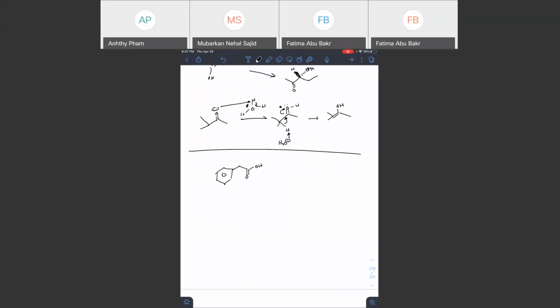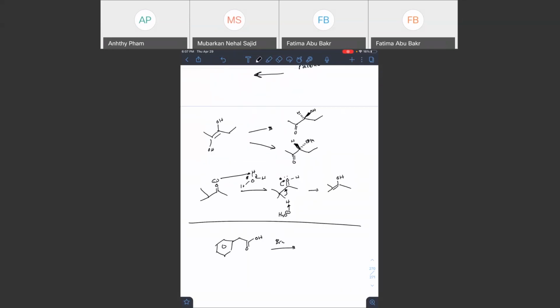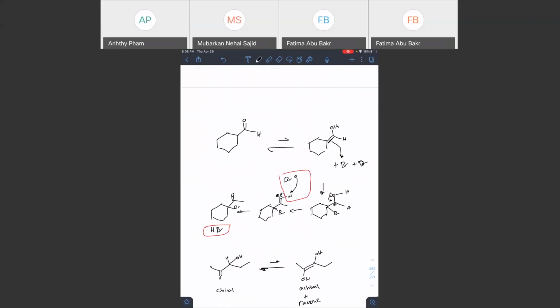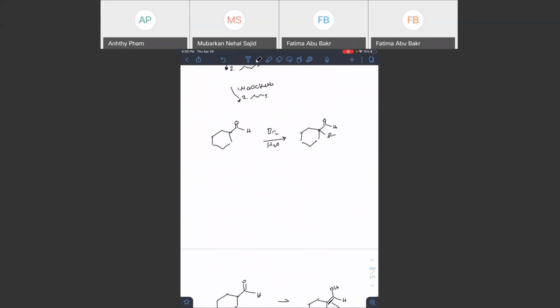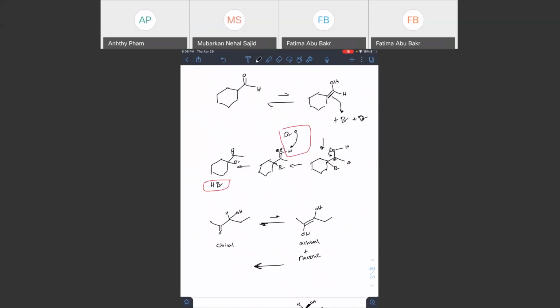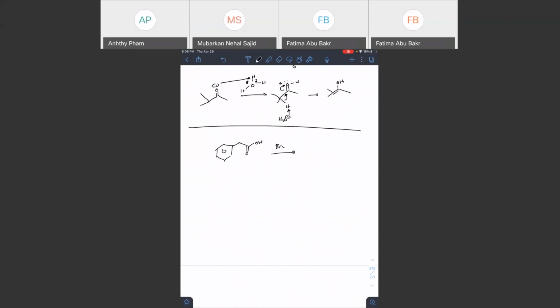In the last one we did Br2 and H2O. So this one's obviously just an aldehyde. But if you want to add it to an acid, you're going to do Br2 and PCl3.